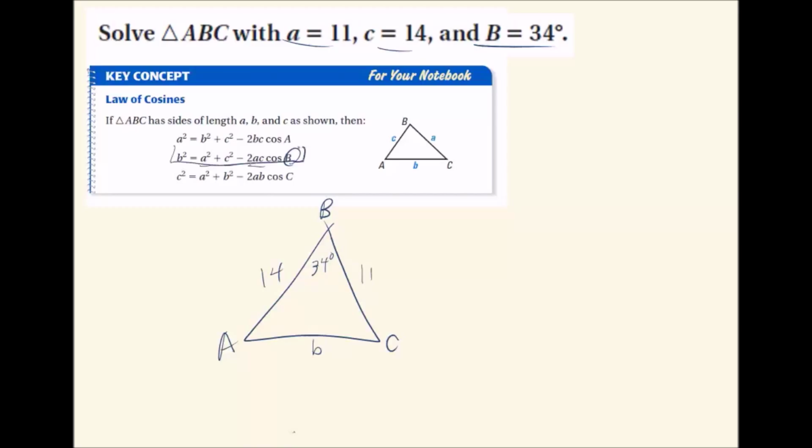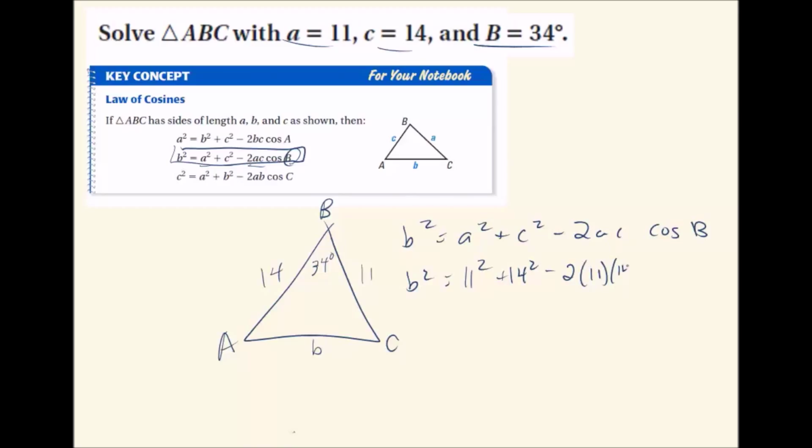I'm definitely going to choose this equation where I can solve for B squared. I'm going to plug in all my information. 11 squared plus, being very careful here, 14 squared minus 2 times 11 times 14 times cosine of 34 degrees.